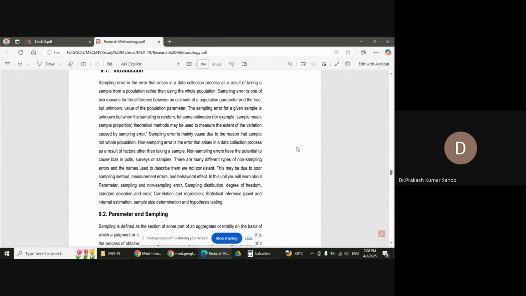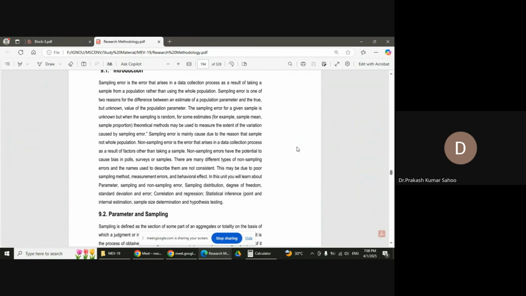The sampling error for a sample is unknown, but when the sampling is random for some estimates, for example sample mean or sample proportion, theoretical methods may be used to measure the extent of variation caused by sampling error.